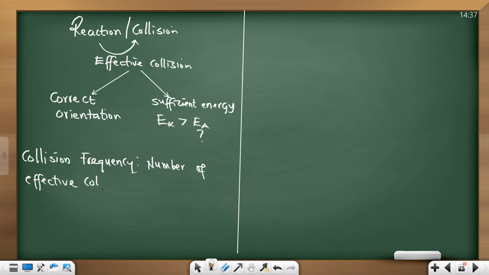Number of effective collisions per unit time. It's wrong, because what if it's not seconds? Per unit time is more appropriate because you can measure it per hour. You can measure it per minute, although standard-wise per second.